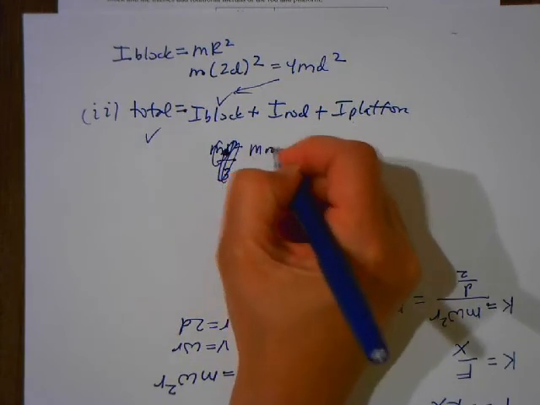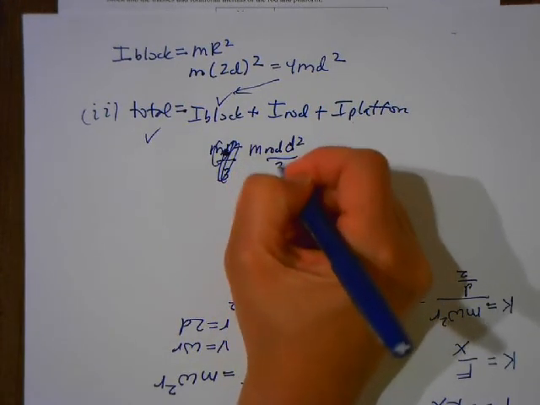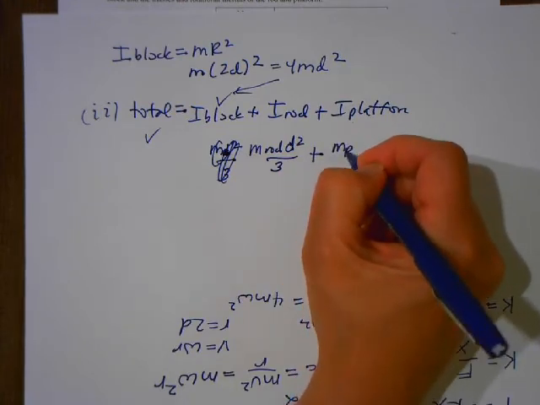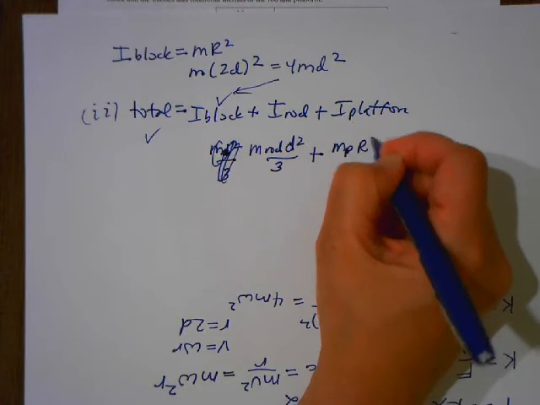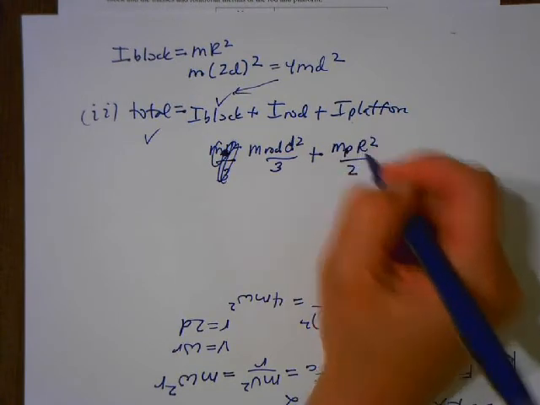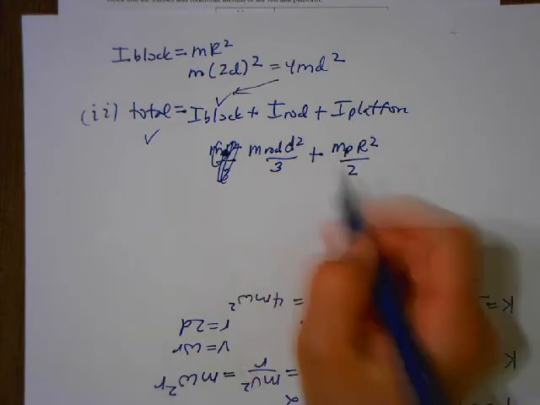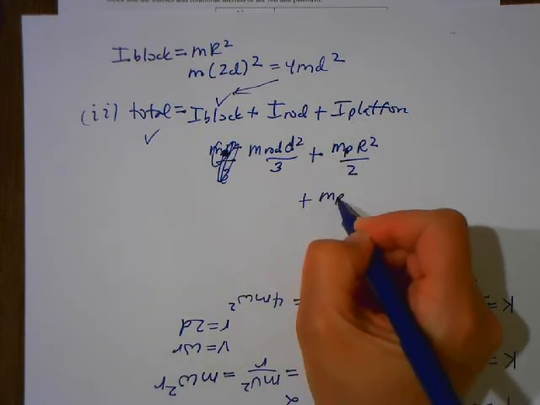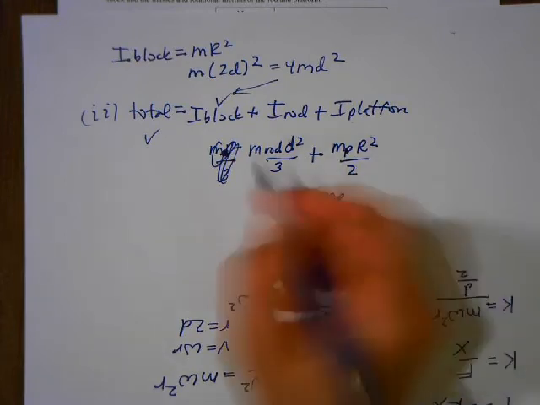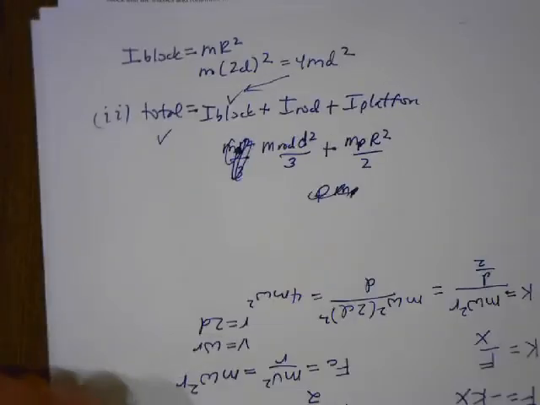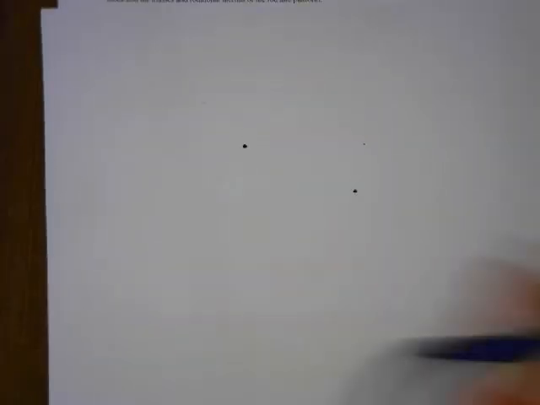The mass of the rod times d squared over 3, plus the platform is going to be the mass of the platform times r squared over 2, but I have to substitute that r is 2d. Well, let me just substitute in the values. Oh, this is kind of a mess. Let me take a new piece of paper.